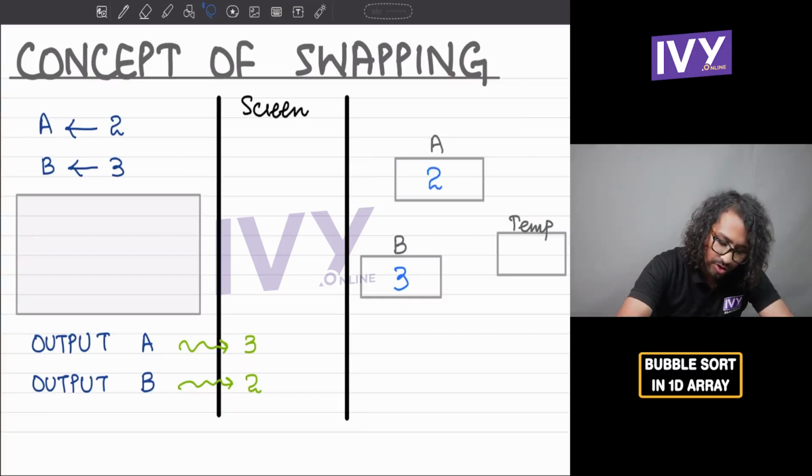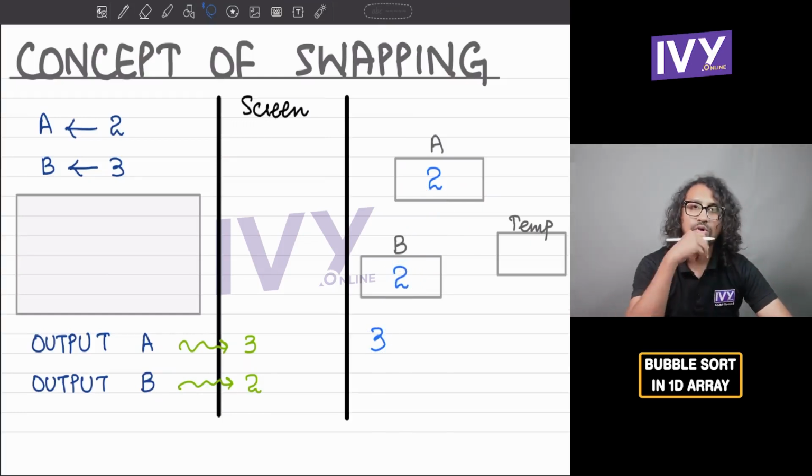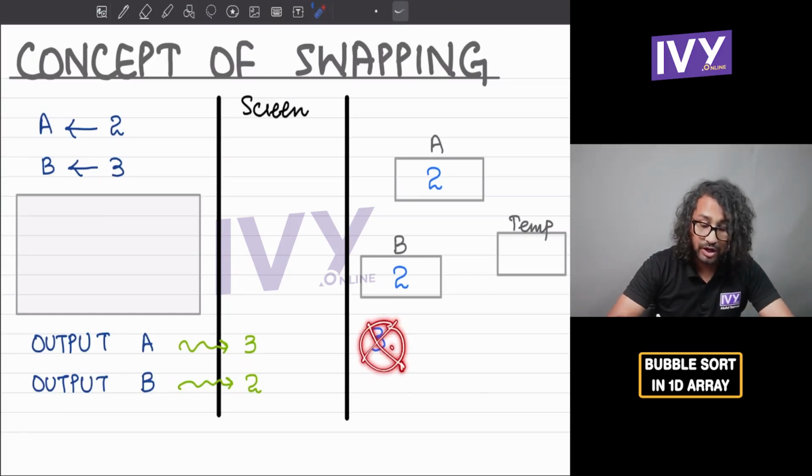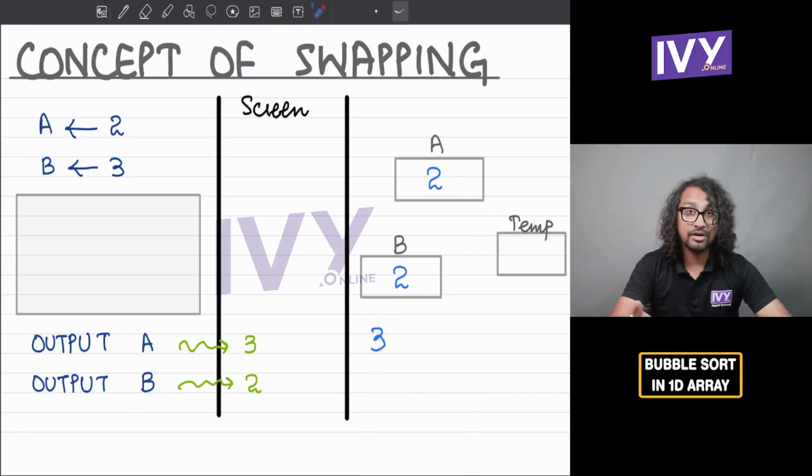Likewise, if you want to copy 2 and paste it inside B, the value of 3 is going to get lost and 2 is going to be stored inside it. Now, because 3 is lost and it is nowhere to be found, you cannot transfer it to A, right? And we are going to be in trouble.